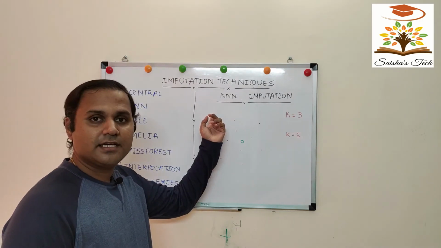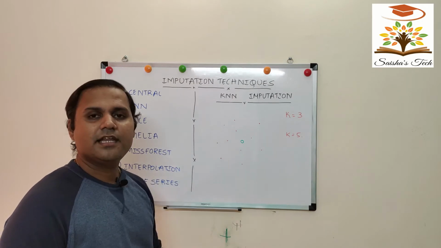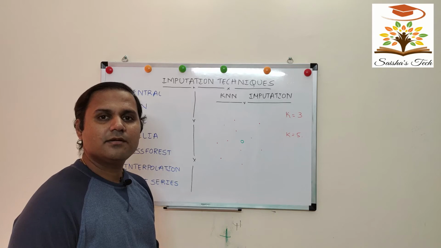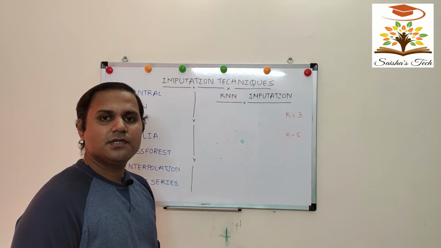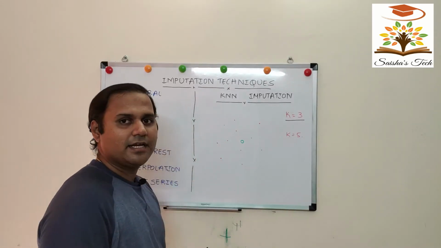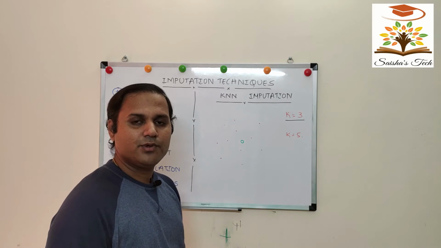The next imputation technique is K-NN imputation technique. K-NN means K nearest neighbors. Here, K represents the nearest neighbors which we will choose for imputing the value. If we consider K as 3, then we will find 3 nearest neighbors to impute the missing value.